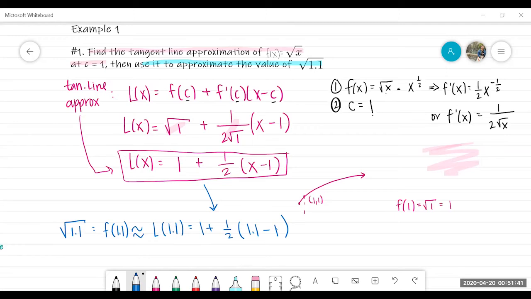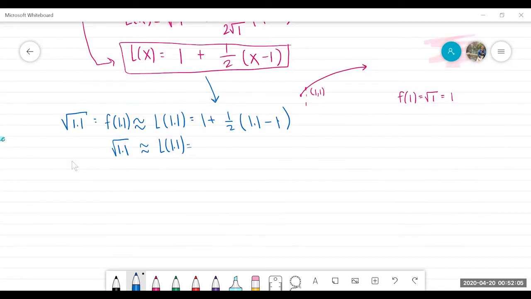So what we can do from there, it's really just cleanup. We get L of 1.1, or you can approximate square root 1.1 if you'd like, is equal to 1 plus, let's say 0.5 times 0.1. So 1.1 square rooted is approximately L of 1.1, which is equal to 1 plus 0.05.